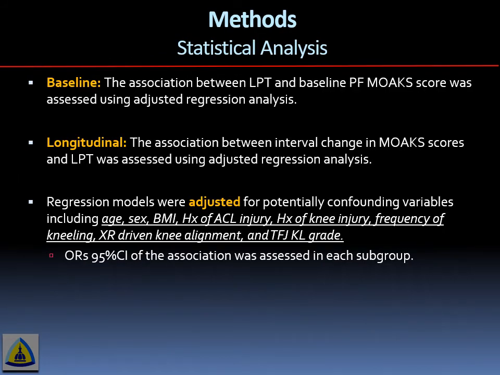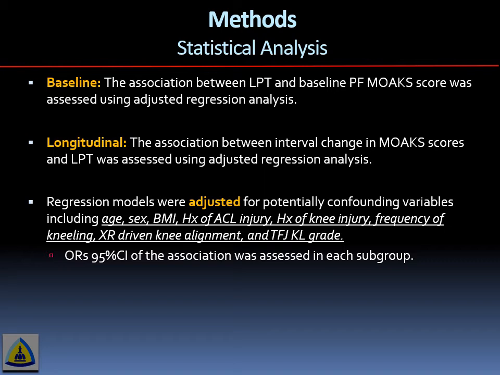The statistical analysis. In the first arm of the study, or cross-sectional part, the association between LPT and baseline MOAKS scores for patellofemoral osteoarthritis was assessed using fully adjusted regression analysis. In the second arm, or longitudinal part, the association between baseline LPT and worsening of each MOAKS score was evaluated using the same adjusted regression models.